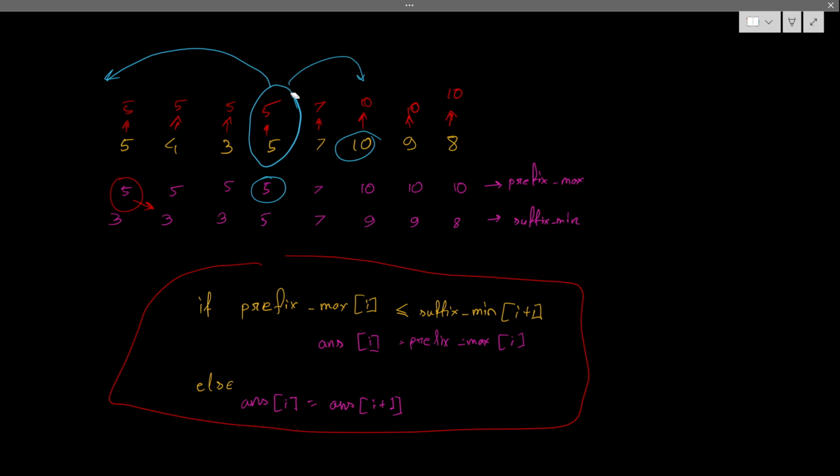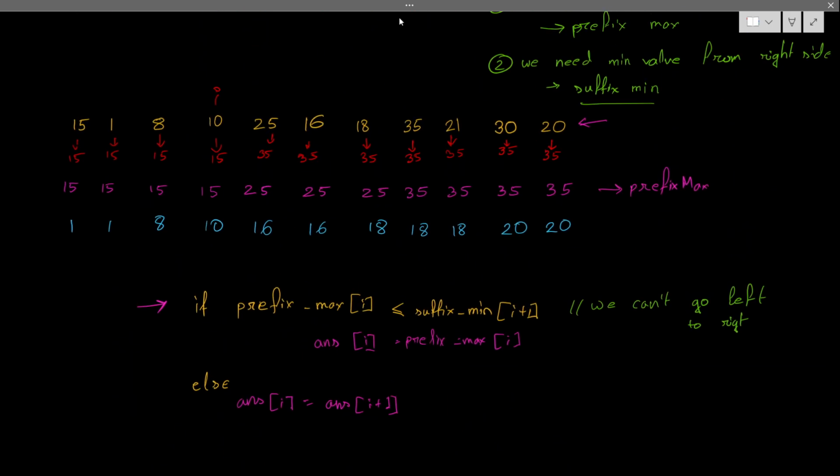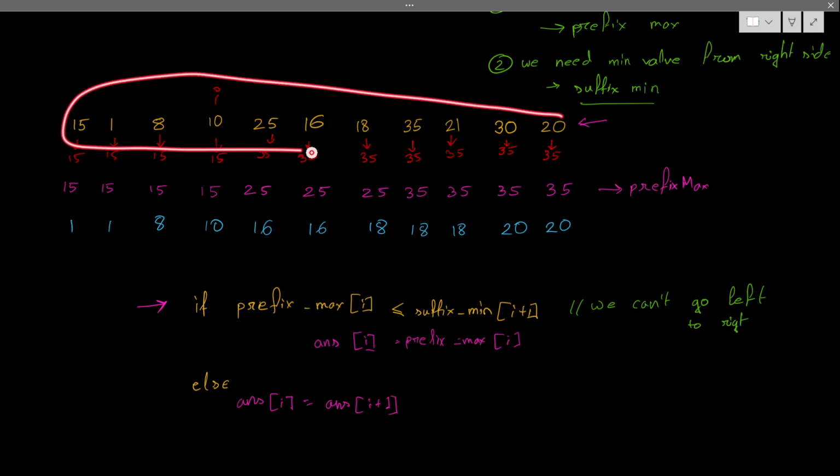So in most cases I will take the maximum value from the left side, because the easiest thing I can get is from my prefix max, and then I will try to go to my right side and check whether I can get the maximum value or not. Let's walk through this example and give the final summary. For the last index, I can easily get the maximum value, the maximum of this entire array.